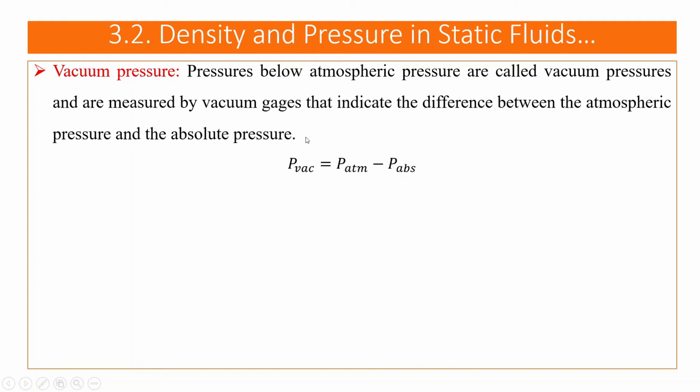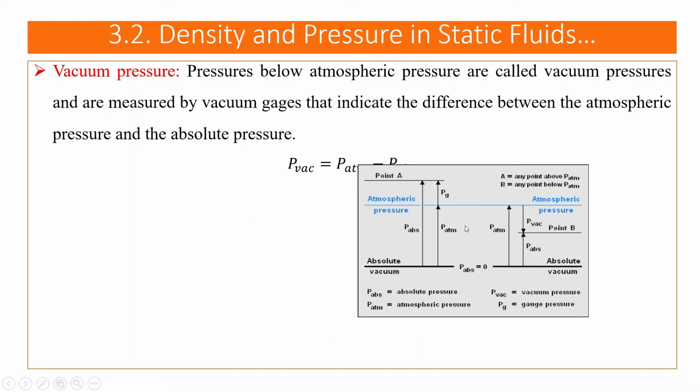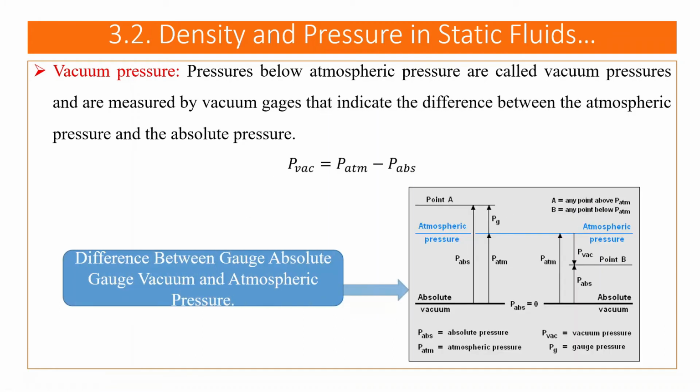In order to describe this vacuum pressure and pressure of atmosphere, we can have this diagram. I'll show you the diagram. From this diagram, let's see this line. We have two lines. This one is the first line, and this one is considered to be the second line.